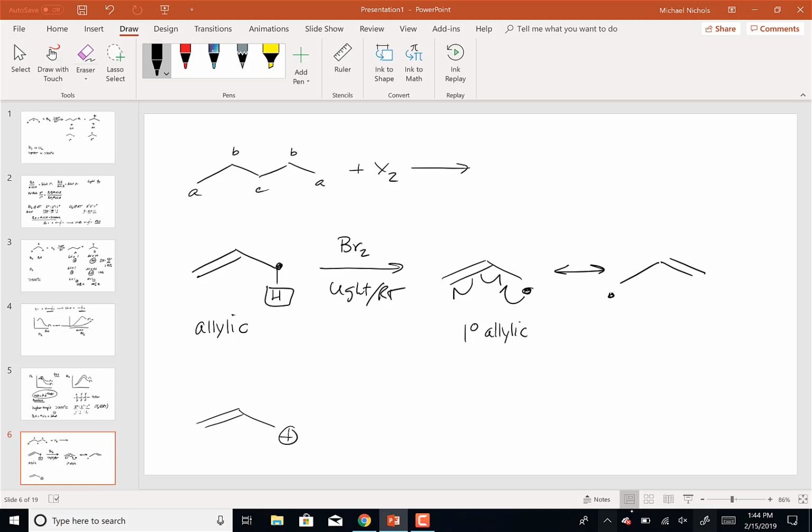So that's one of the topics that they talk about in chapter 18. Meaning that if I was to do this reaction, if I was to do that reaction of brominating the allyl, I would brominate at the allyl position.